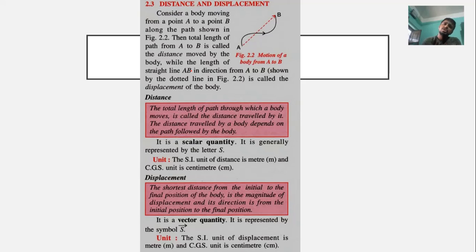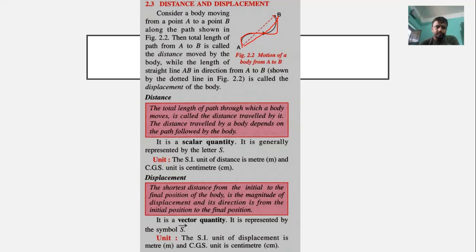Then from west you will go towards southeast. So the direction would be changed. But in the case of displacement, the direction remains the same, that is towards southeast from Delhi to Mumbai. You can see the example also, A to B is direct, and the other path goes this way.